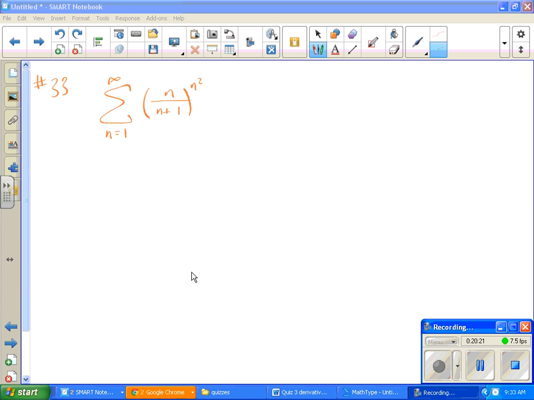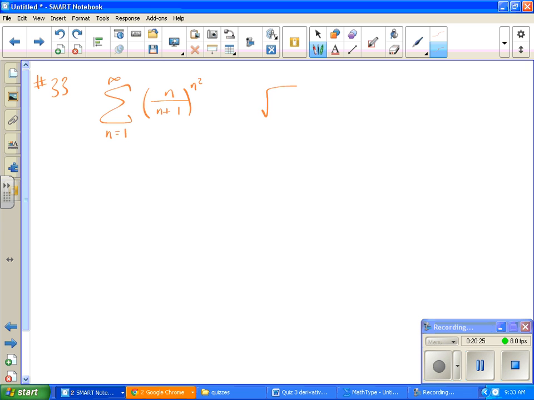So for 33, we would definitely use the root test, right? And the root test says we're doing this, the nth root, not square root, nth root of the absolute value of a sub n. A sub n is this whole thing. If I take the nth root, isn't that taking this to the 1 over n power? So what's that going to make it? Okay, so I have n over n plus 1 to the n squared, and then I'm taking that to the 1 over n.